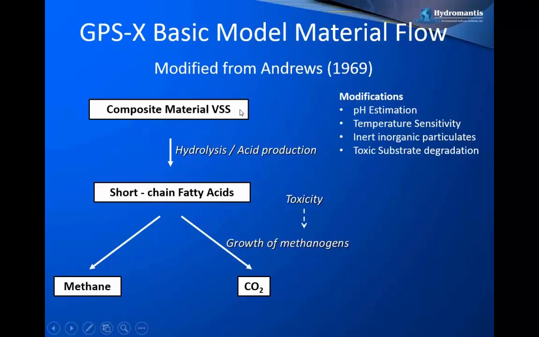VSS is composed of all the biodegradable and non-biodegradable material, and it's hydrolyzed, and the acid production step is included in this step itself, producing short-chain fatty acids, which are then used by the methanogens to produce methane and carbon dioxide. Additionally, a generic toxic compound can be defined, and the toxicity of this compound on methanogens is included in the model.